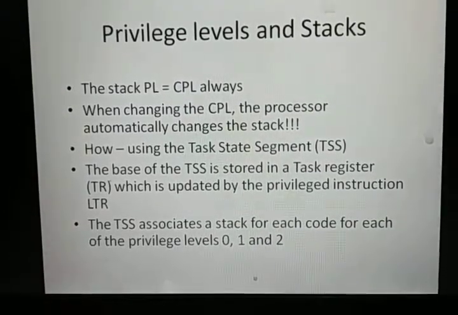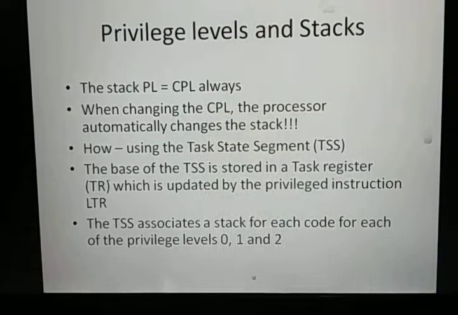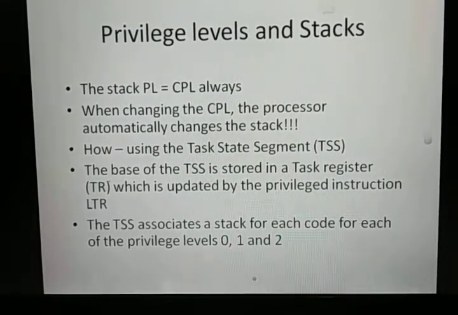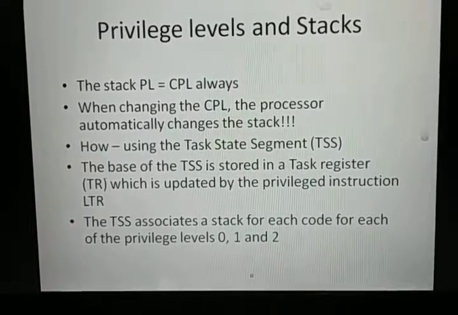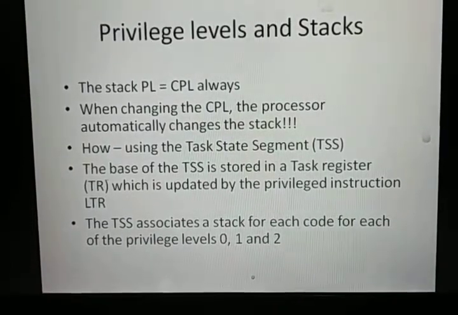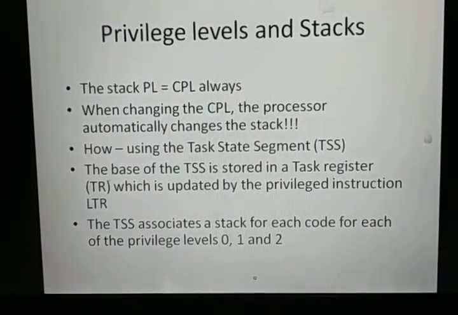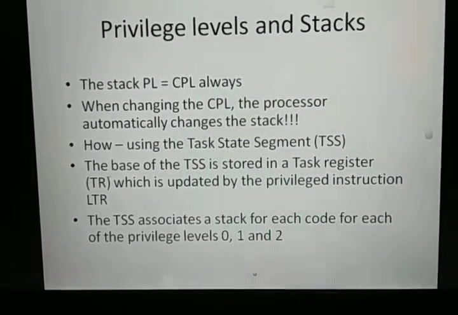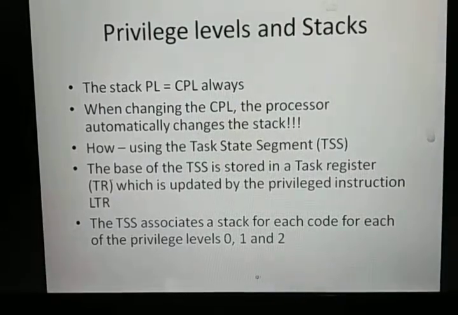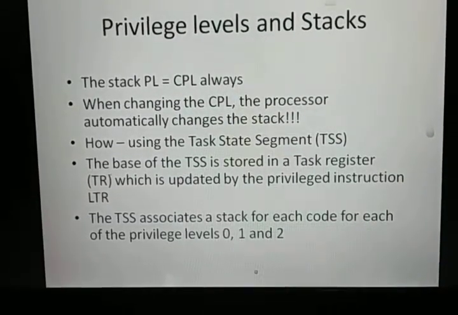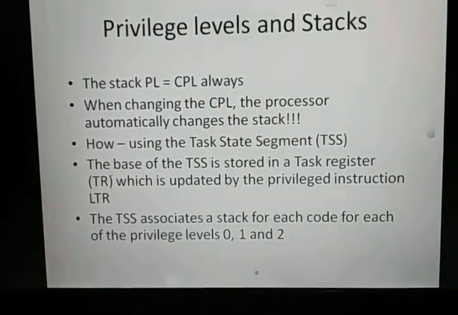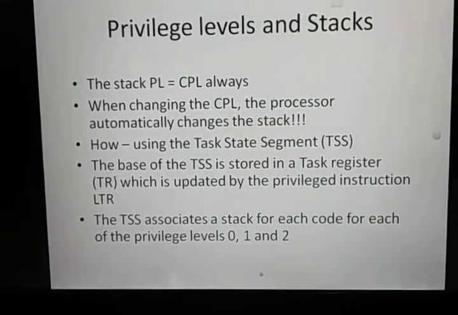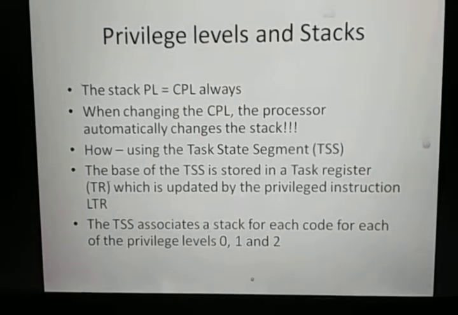Whenever you change your current privilege level, your stack value is also changed, and your stack privilege level is also changed. And how do we change the stack level? By using a task state segment, because the task state segment is related to task switching, and task state segment related information is contained in the task register. So the task register information is also changed, and for updating the task register we use the privileged instruction load task register.